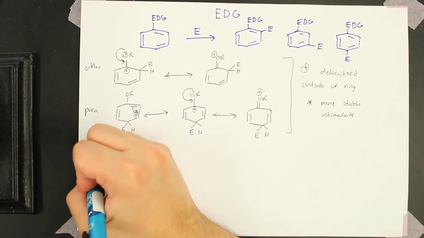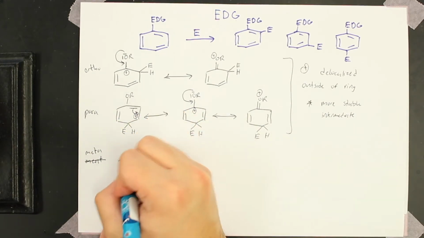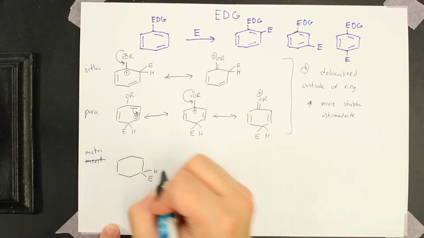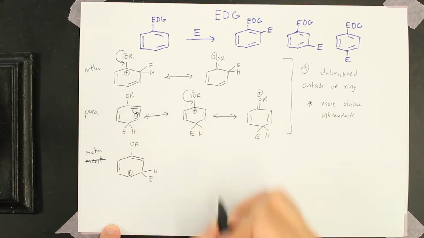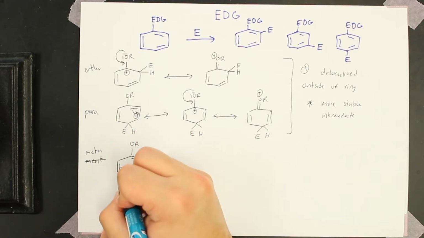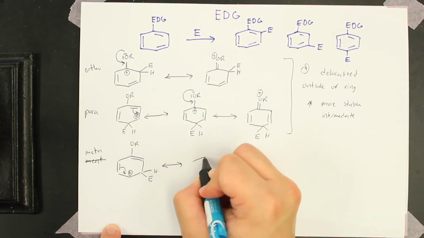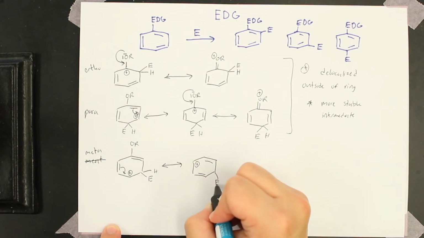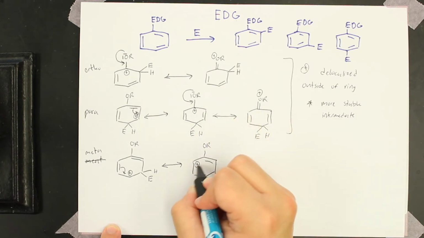Now, meta, as you might have guessed, is going to be a little bit different. If we have a meta-substitution, say the electrophile went there, our carbocation will be here, and we're going to try to do the same exercise. We're going to try to get this positive charge to this carbon here so that it can be stabilized by the electron donating group. Well, it's not there, so let's try again.